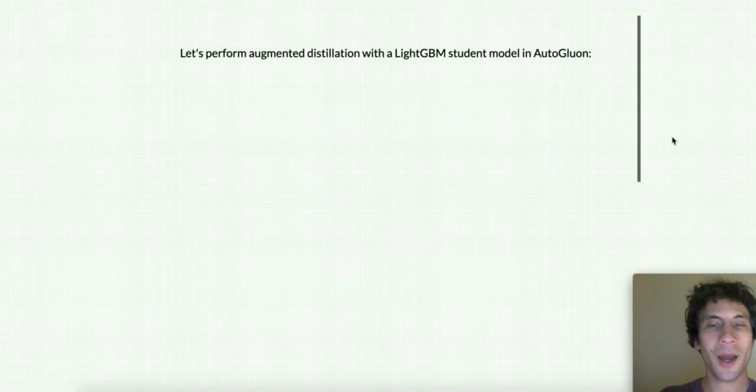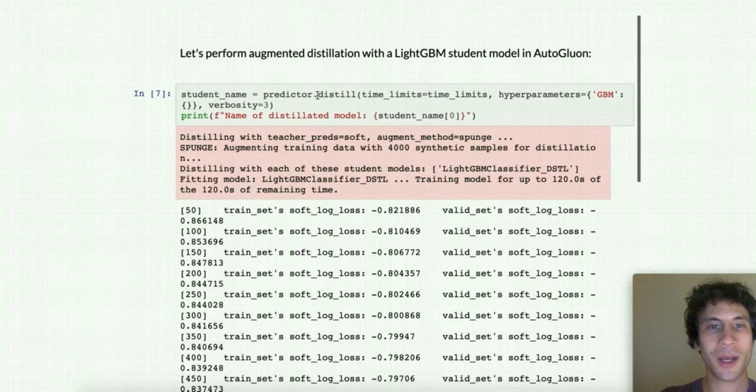In AutoGluon, we can show how to perform augmented distillation using a light GBM student model, say. Here we call predictor.distill on our previously trained stack ensemble predictor. And here we specify GBM in hyperparameters, which means, again, AutoGluon will only train a light GBM model.